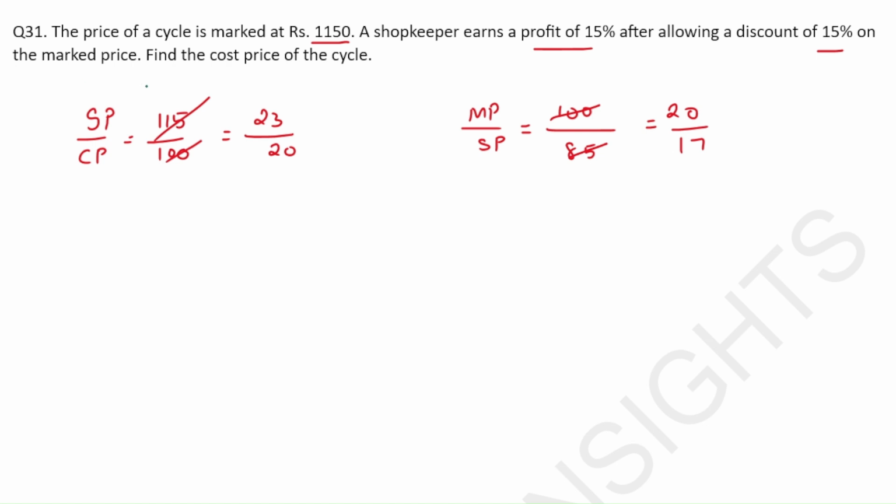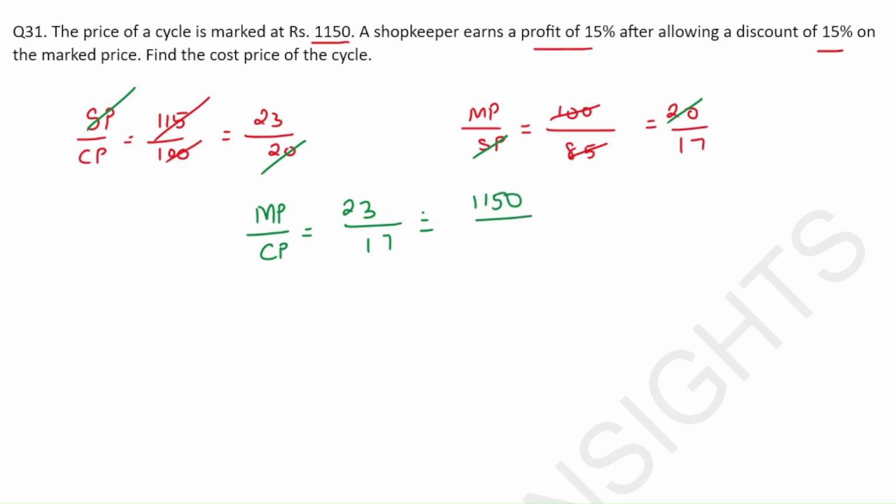That means you don't need selling price. So SP cancelled, 20 cancels. So that means MP by CP will be 23 by 17.